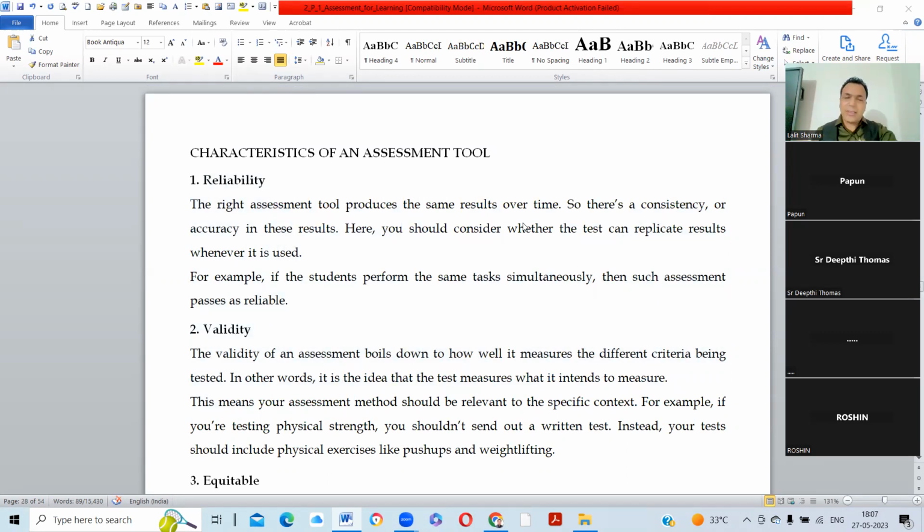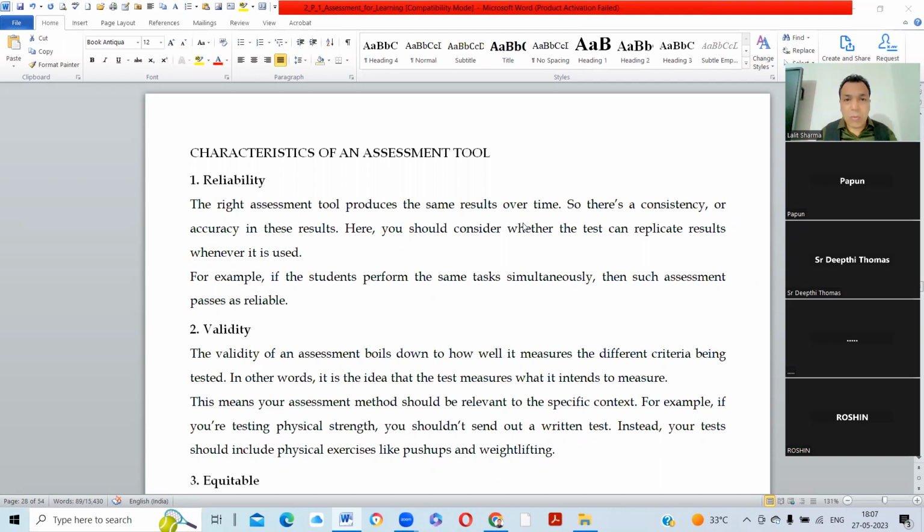When you see the watch in the morning, it is 5 minutes late. In the afternoon, it is 5 minutes late. In the evening, it is 5 minutes late. So every time it is giving the time 5 minutes late. I ask you, what will you say about the watch? Is the watch reliable or valid?